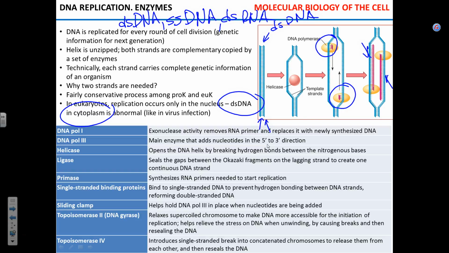Okay? And all those structures, when they pop up in the cytoplasm, the cell knows something goes south, and it triggers the immune response, which usually leads to cell death. Does that make sense? Just a little note on the side.